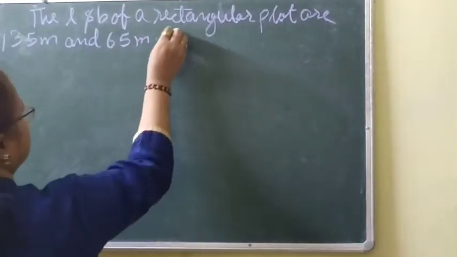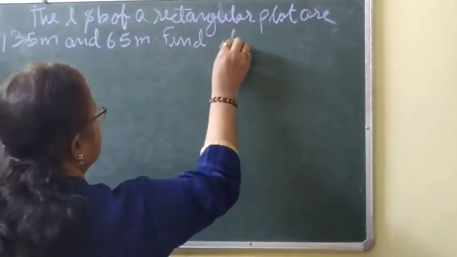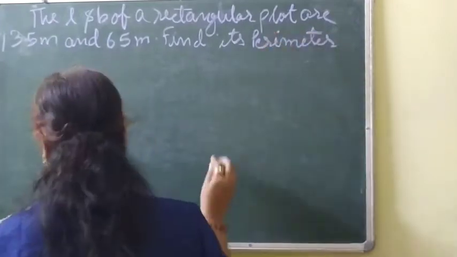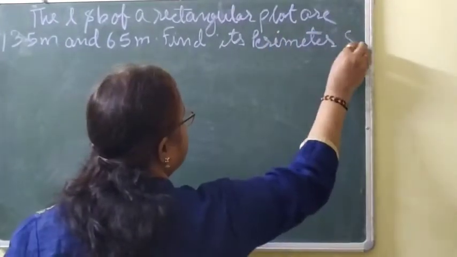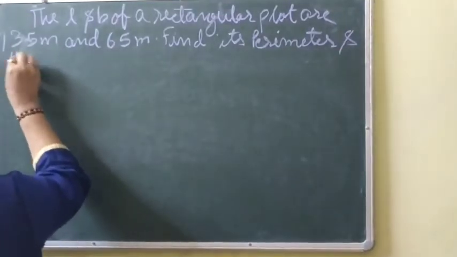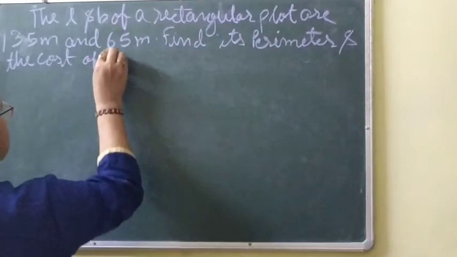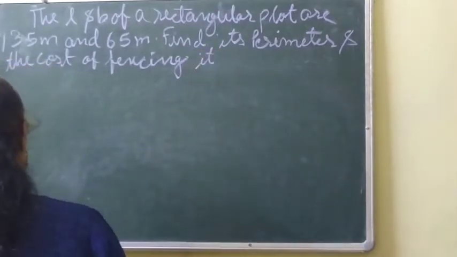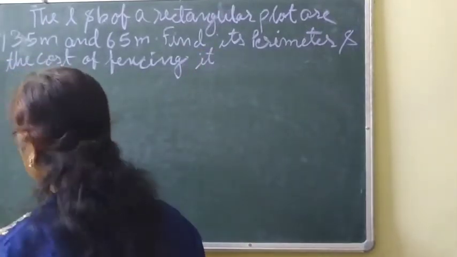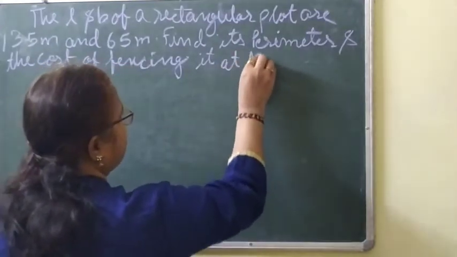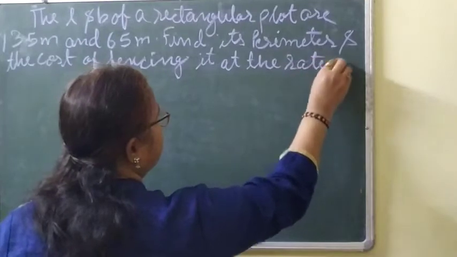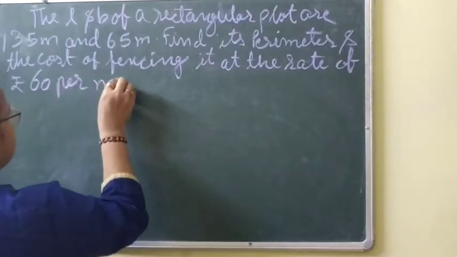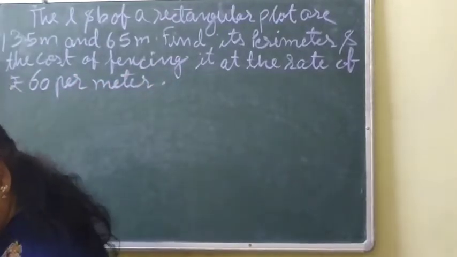Find its perimeter and the cost of fencing it at the rate of rupees 60 per meter. Clear? This is the question.